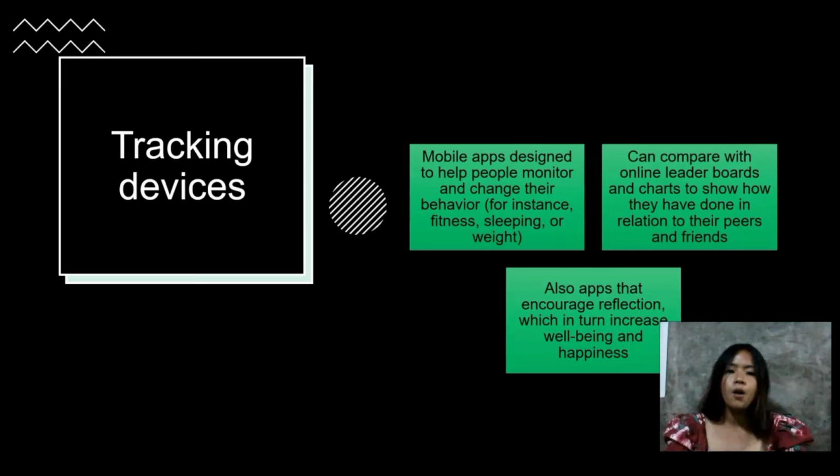Tracking devices. Mobile app designs to help people monitor and change their behaviors. For instance, fitness, sleeping, or weight. Can compare with online leaderboards and charts to show how they have done in relation to their peers and friends. Also, apps that encourage reflection, which in turn increase well-being and happiness. So, ayun.